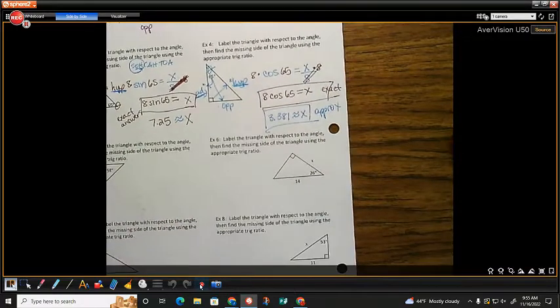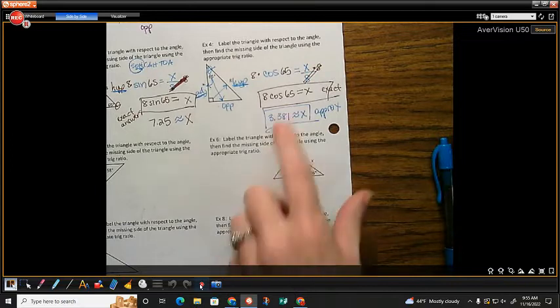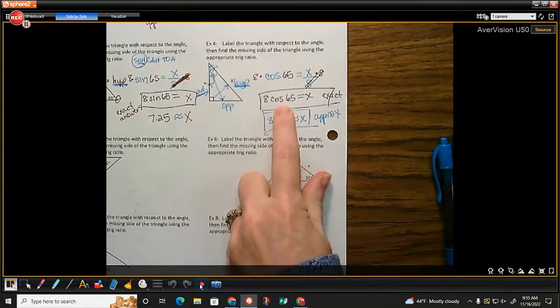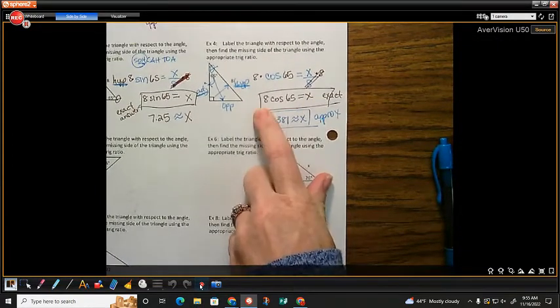You guys need to be familiar with both things, because sometimes I'm going to say, give me the exact answer. This doesn't look like an answer, but if x is by itself, that's exactly what it is.